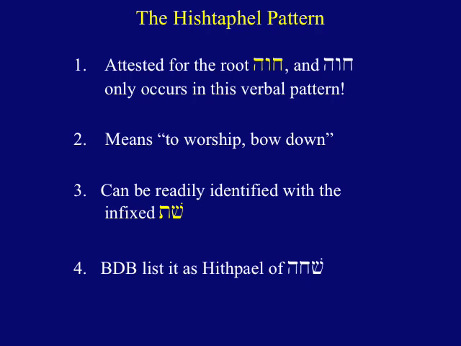And I'll do you one better. There's only this word. In the hishtafel pattern, what we call the hishtafel pattern, which is a root with a prefix hishta, the root chet vav hey, means to worship or to bow down. The authors of the BDB didn't know about this, and when they saw the word to worship or to bow down, they didn't know about the prefix hishta, and they thought the root was a hithpael of a first shin, shin chet hey.